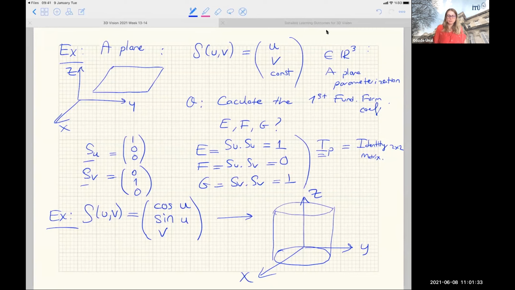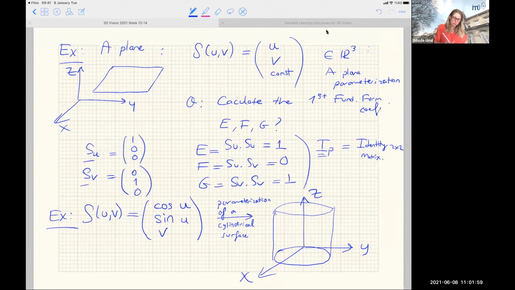Okay? So I hope all of you can see this. This is a parameterization, right, of a cylindrical surface, right? So what are the tangent vectors?